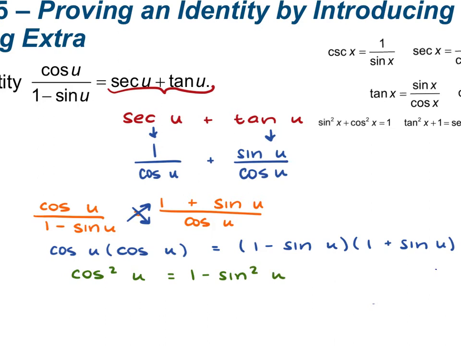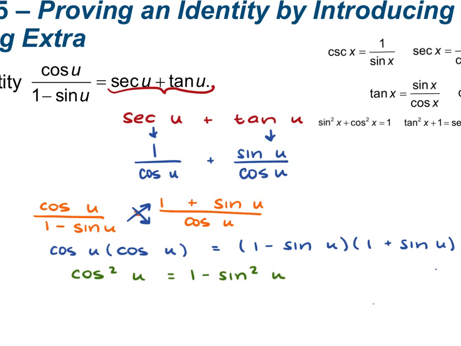Look at what you have. You have a cosine squared, you have a sine squared, you have a 1. What Pythagorean identity works with sine squared and cosine squared? It's sine squared x plus cosine squared x is equal to 1.